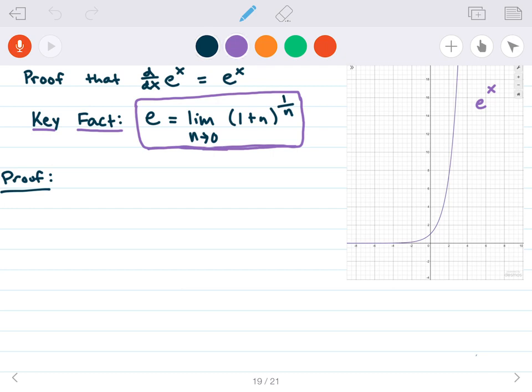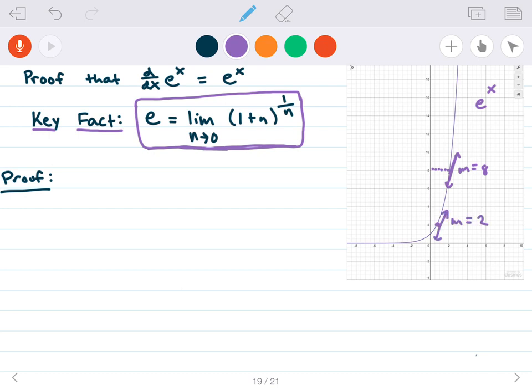Well, that means if we have e to the x and its function value is, say, 8, then the slope of this tangent line is going to be 8. And same thing right here. The value of the function looks to be about 2, and so the slope of the tangent line is going to be 2, and so forth.